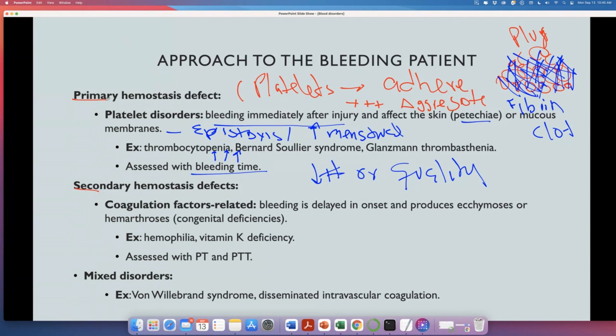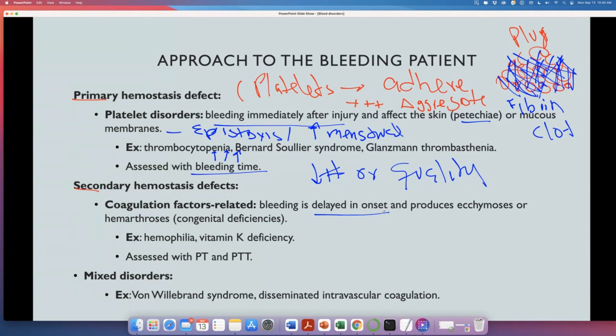And the secondary hemostasis disorders, the ones that have to do with the clotting factors, typically are delayed. Let's say a kid is playing sports, they may fall or may have any kind of injury that is mild, nothing happened, let's say, go home.